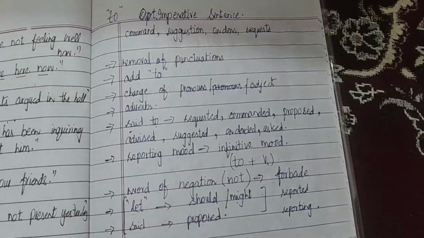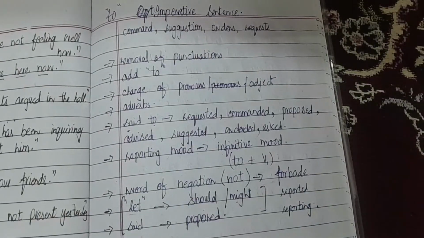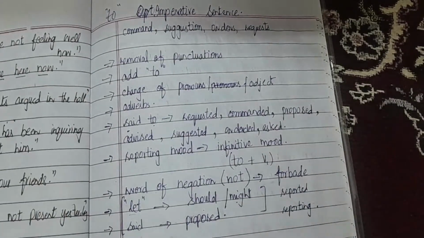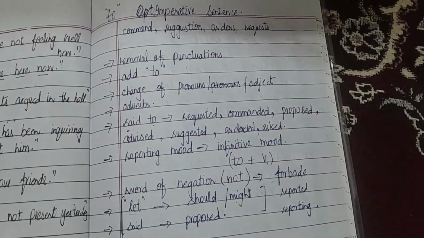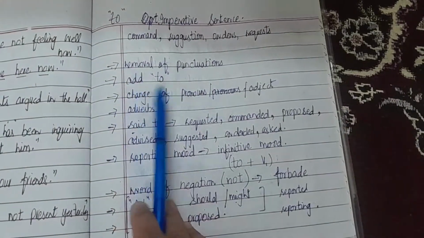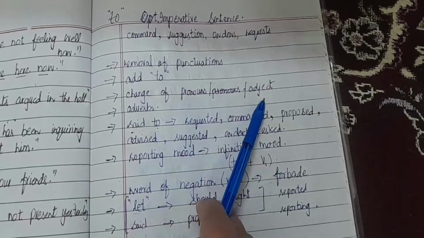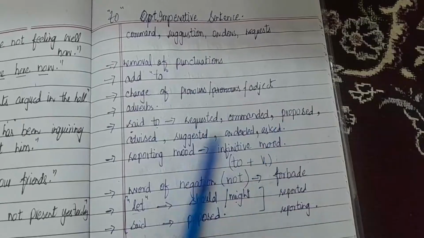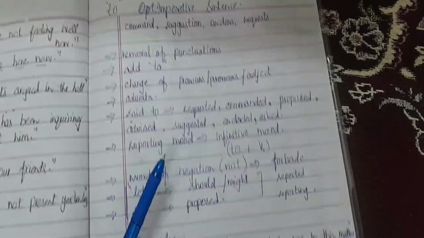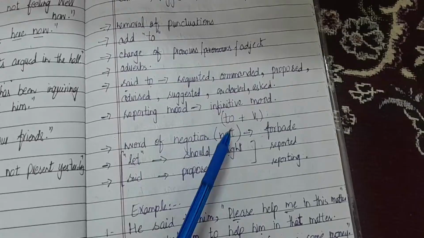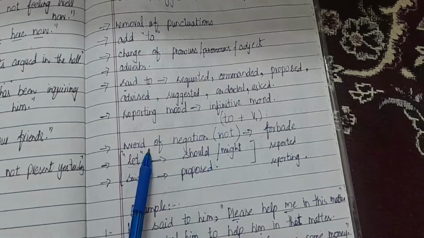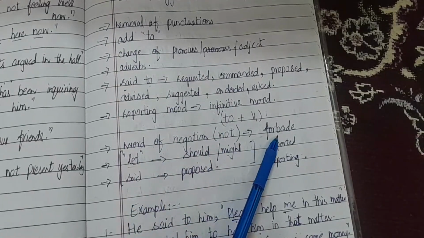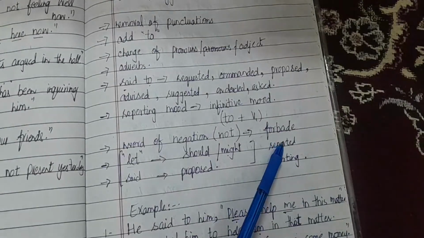अच्छा, imperative sentences are easy, command, suggestions, orders and request. I think direct and indirect narration के साथ आपके kinds of sentences भी बस डिस्कस हो ही गए हैं कि declarative कौन से होते हैं, imperative कौन से होते हैं। फिर उसमें removal of punctuations है, addition of to है, change of pronouns और adjectives है, adverbs का change है, said to is change into requested, commanded, ये सारे words में change हो जाएगा। Reporting mode will be change into infinitive mode, और उसका मतलब है कि हमने to लगाना है। Word of negation not is used, changed according to the word forbid.